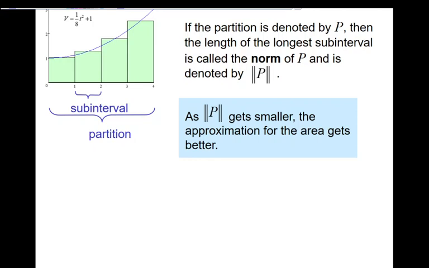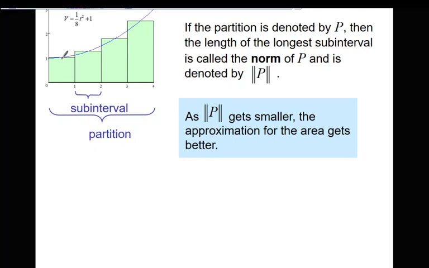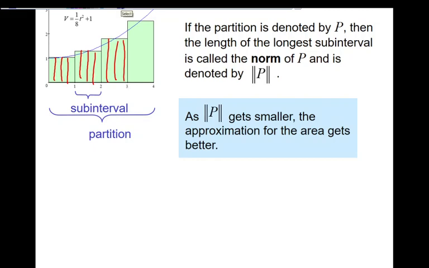So if we wanted to get a better approximation of this area under the curve, we could use smaller rectangles. And the smaller the rectangles, the smaller these subintervals get. So if we cut these again in halves or halves again and made them even smaller, we'd get a better approximation. We've seen that happen again and again.